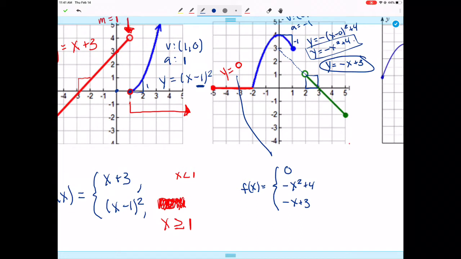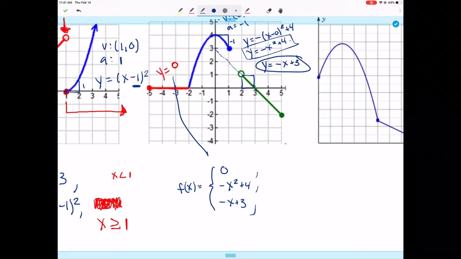And now we just want to find out what the domain is. So the red one, it starts at negative 5, okay, and ends at 2, or negative 2. Okay, and these will always be less than or less than and equal to. So you can always start like that, and then decide, does it include that point?